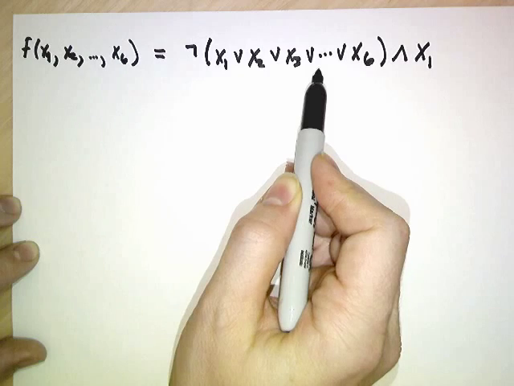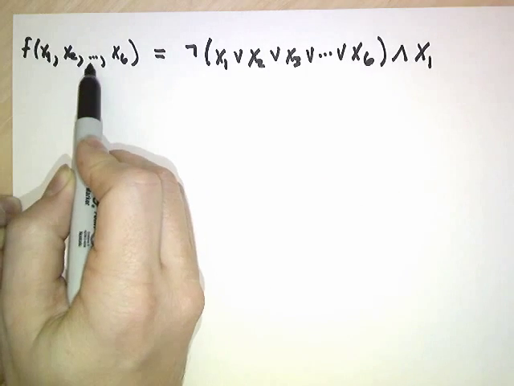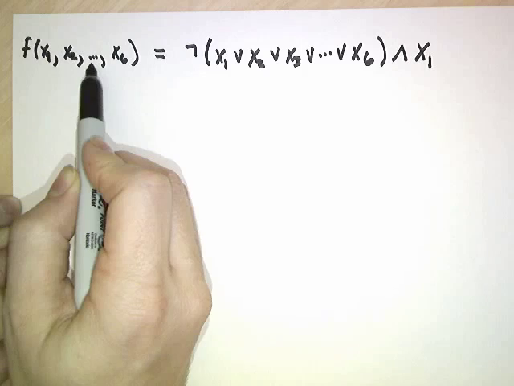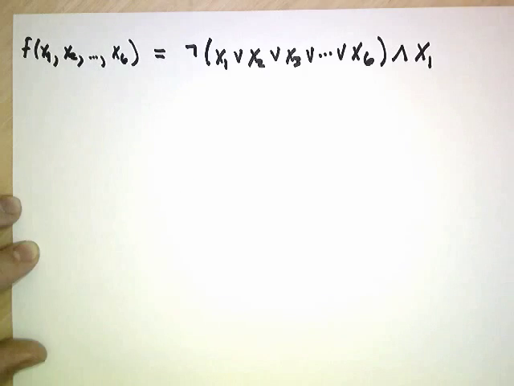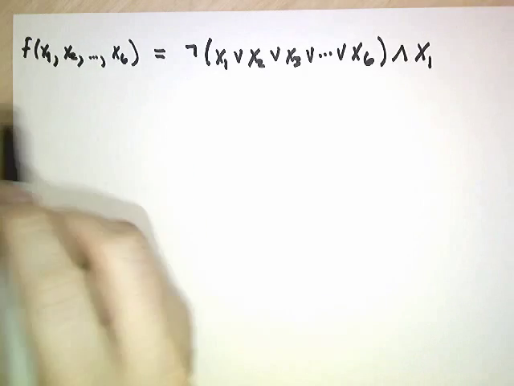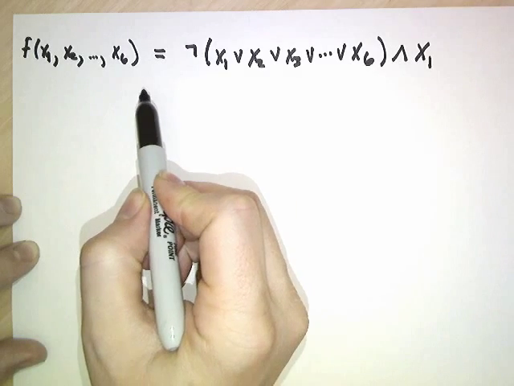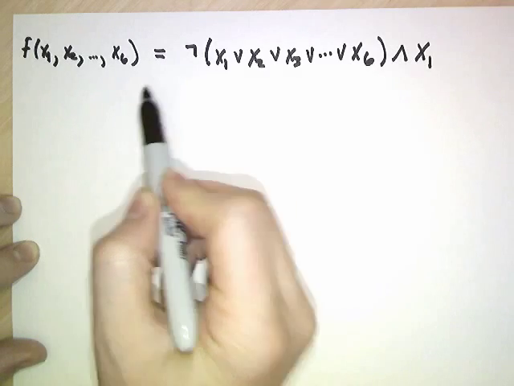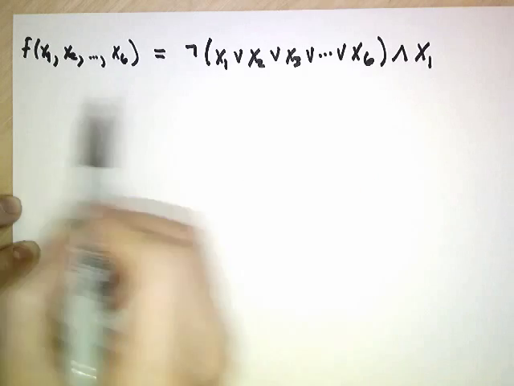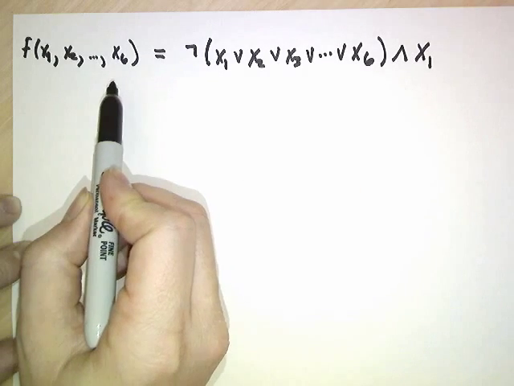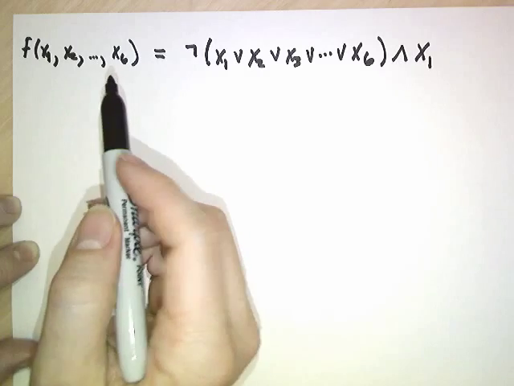I just didn't want to write them. It's a shorthand. Same with this over here. I didn't want to write x3, x4, x5, and x6. Now what we want to figure out is there an assignment of the values true and false to these literals that makes this formula f simplify to true?